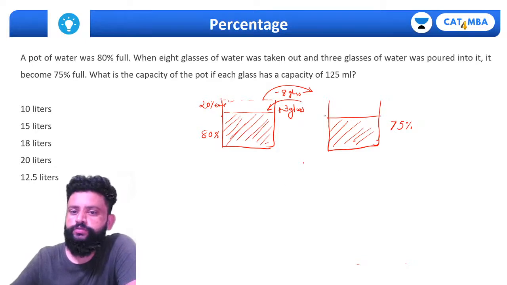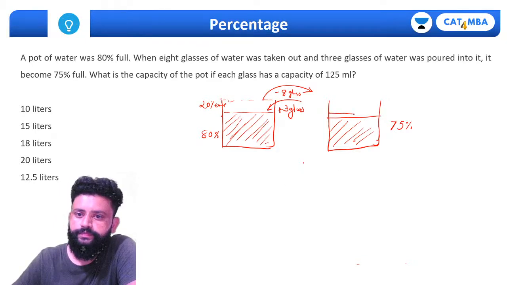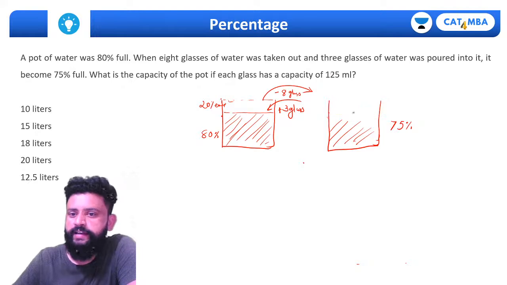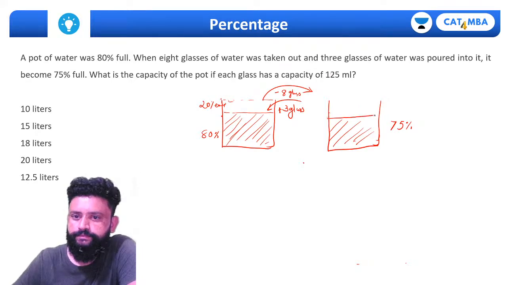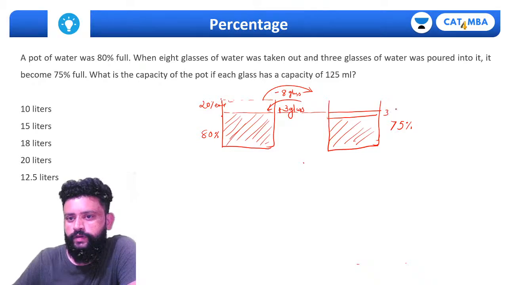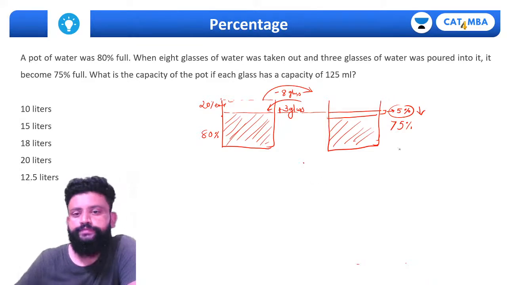Satyaprakash, have you got it now? कितना लेवल कम हुआ? This part is 5%. It is decreased by 5%. Yes or no?